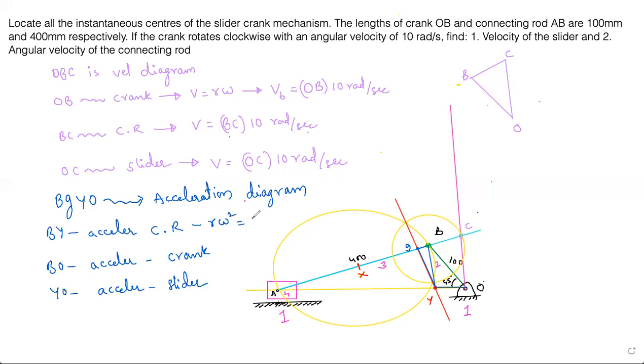So BY times omega square will be the acceleration of the connecting rod. And to find the acceleration of the crank, you just do BO times omega square. BO is the radius. And if you want the acceleration of the slider, just do YO times omega square.